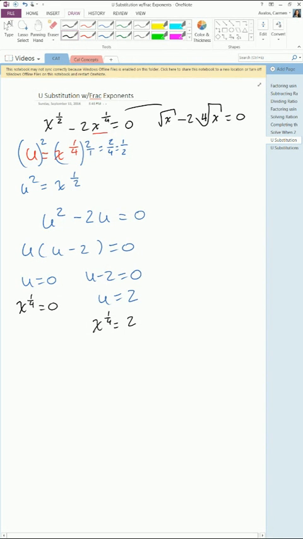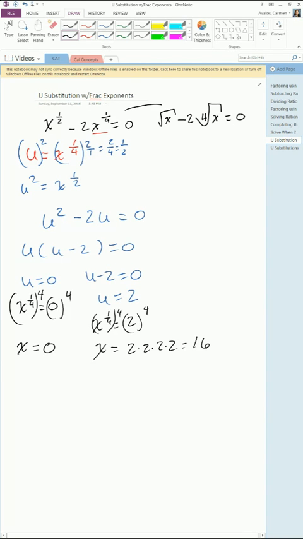In order to undo the 1/4, I raise it to the 4th power. So I raise the other side to the 4th power too. The 1/4 and the 4 cancel, and I get x is equal to 0. And then for the 2, I raise it to the 4, so I end up with 2 times 2 times 2 times 2, which is 16.